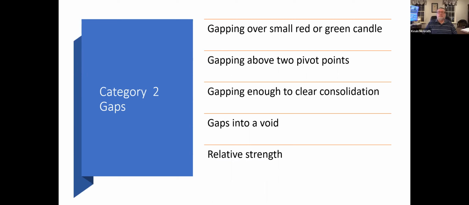The same thing, it's going to gap above consolidation and have room to run. And relative strength is important, because if we're looking at a down gap and it gaps down on a day the market is up, that tells you that there's a lot of relative weakness.